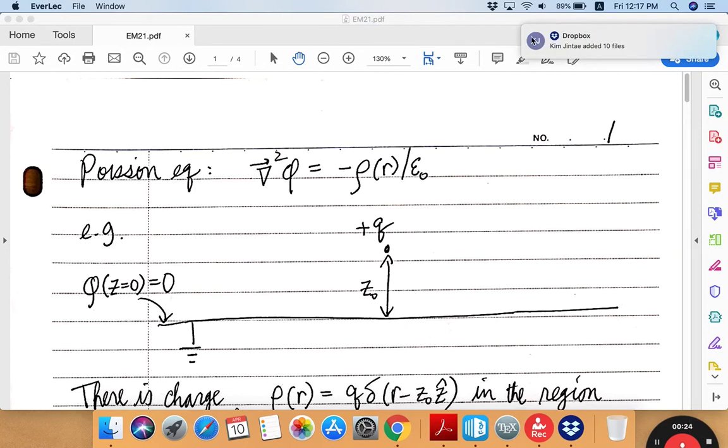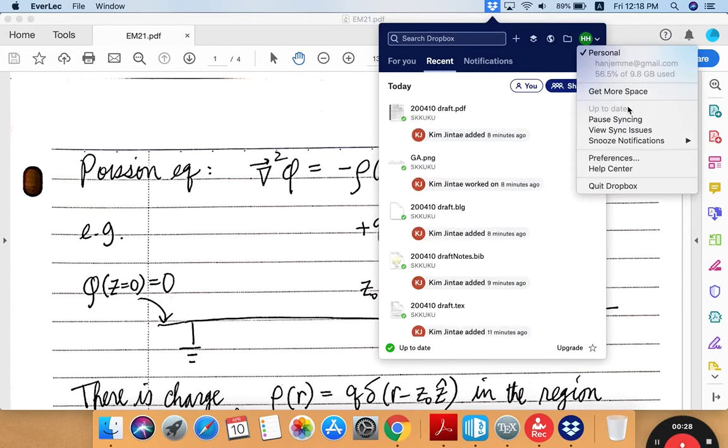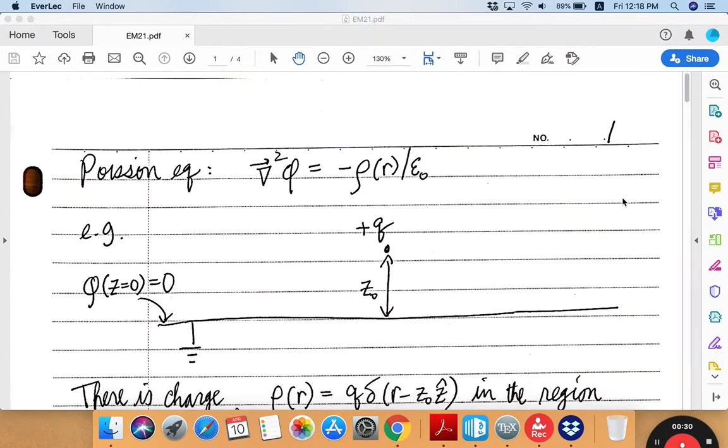So first of all, the Poisson equation is an equation which takes into account the presence of charge. So the right hand side is no longer zero, and that obviously complicates the solution.